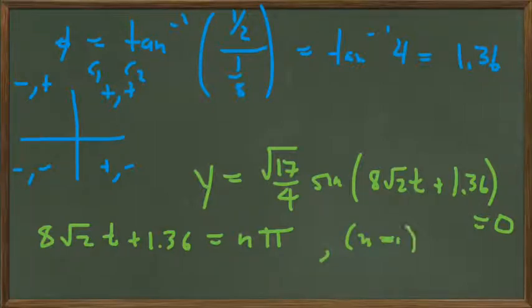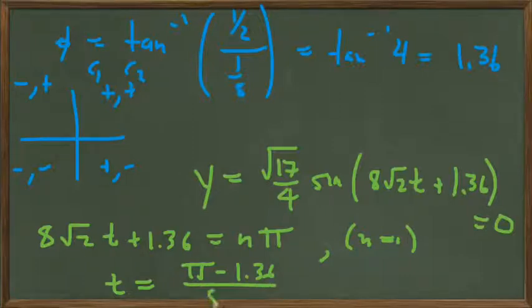And so if we solve for that, we get t equals pi minus 1.36 divided by 8 square roots of 2, and that is approximately 0.16 seconds.